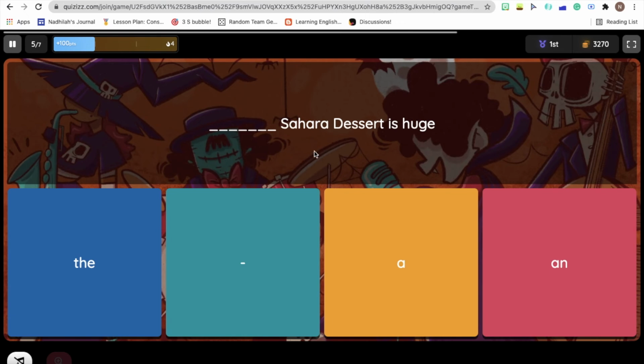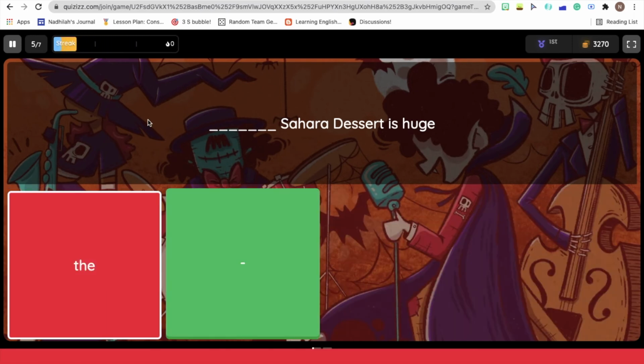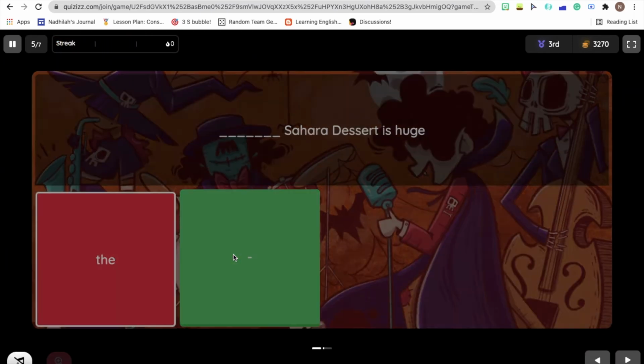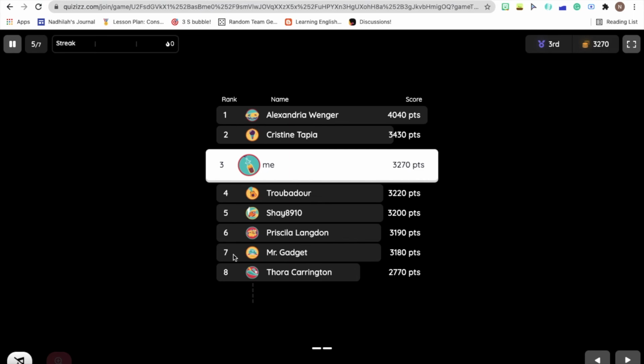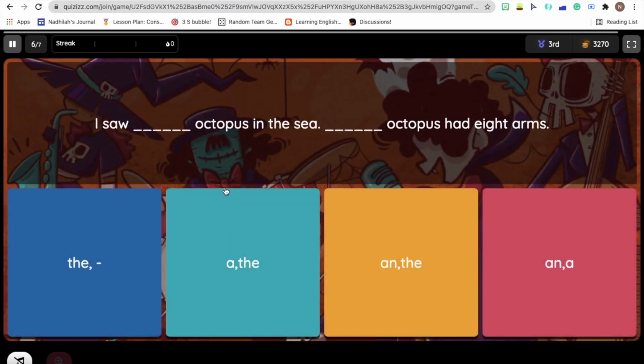So it's the name of river, mountain ranges, and also desert. I think this is an error here. The answer would be no articles because it's a proper name.